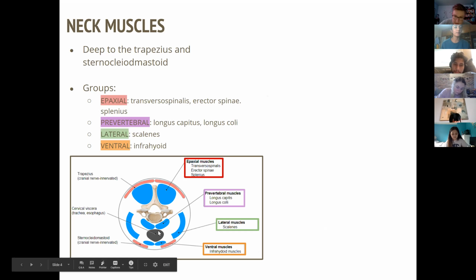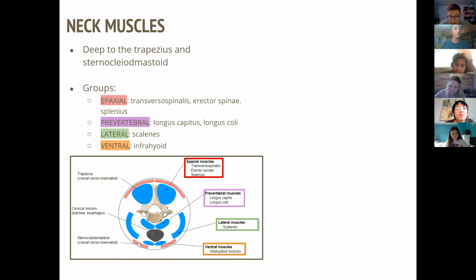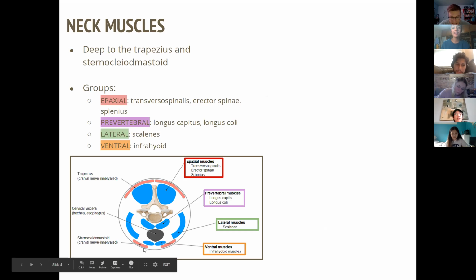The gray, again, is going to be our visceral organs, like our trachea and our esophagus. And I want to note as well, this red muscle right here and this red muscle right here. They're on the slide, but does anyone know which muscles these are? Trapezius. This is the trapezius, and then what about this one? Sternocleidomastoid.